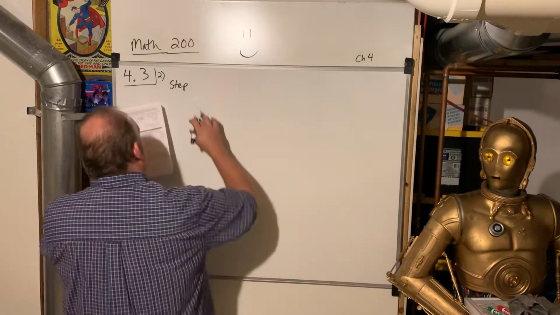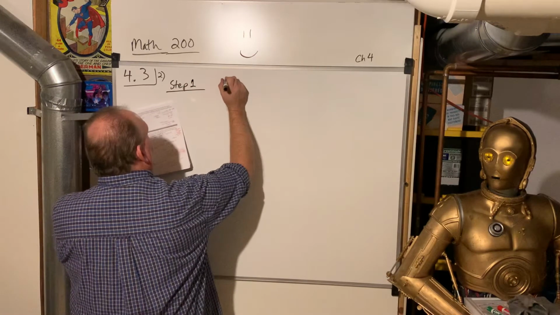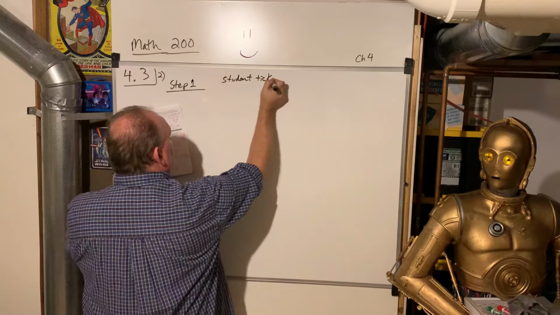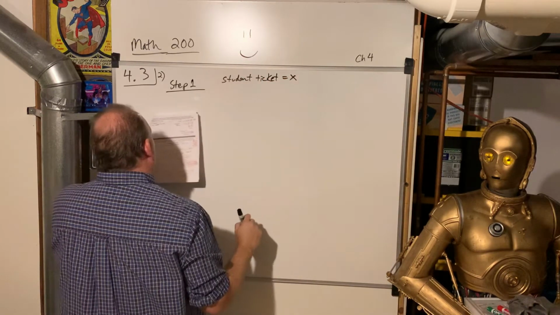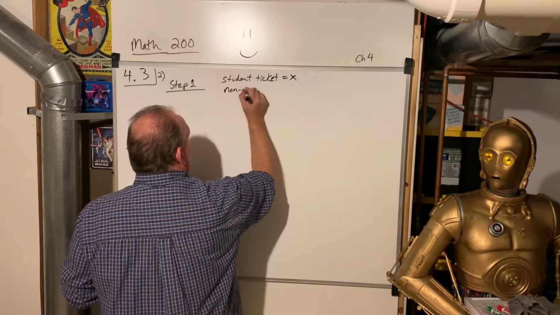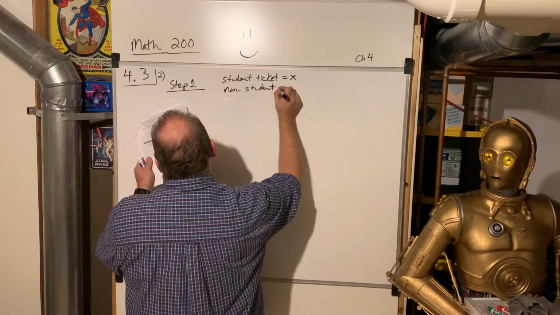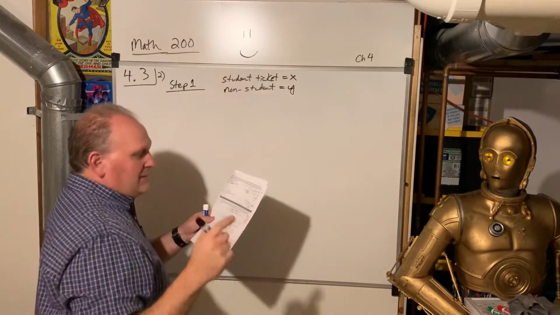We're going to say step 1 is set up your variables. So student tickets, again, if you want to be clever and call it S or T or something, I just usually go with X. And then non-student tickets, I'll call it Y. And so I'm actually adding to the notes because I skipped a step.